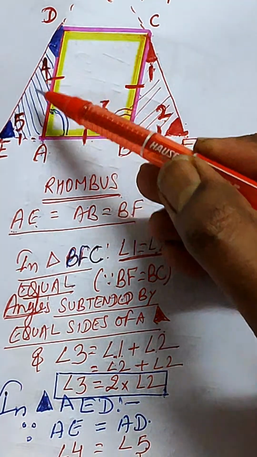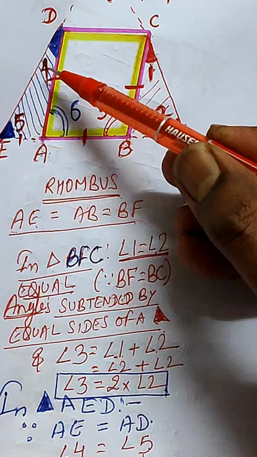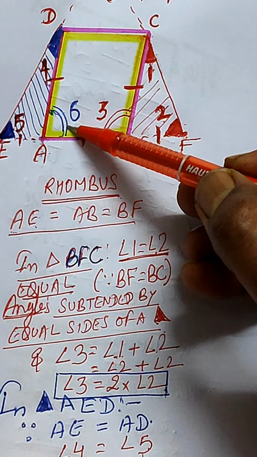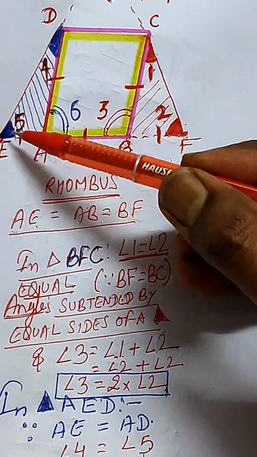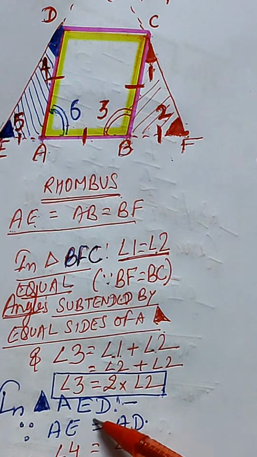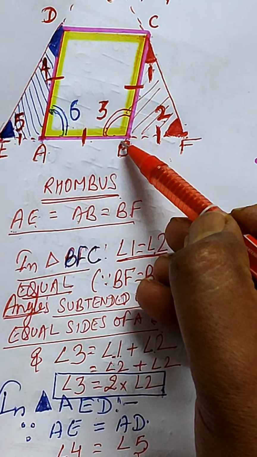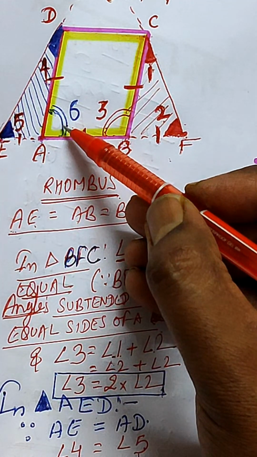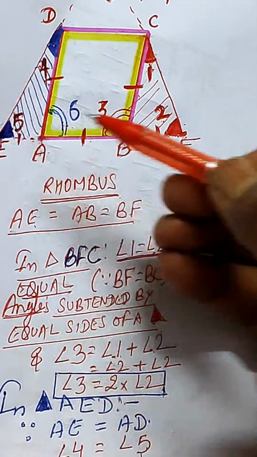Since angle 4 equal to angle 5, we can write angle 6 as equal to angle 4 plus angle 5. How? Because this is the exterior angle which is the sum of interior opposite angles, right? This is the triangle AED, and if this is extended over here towards B, then this angle 6 is formed, and this is the exterior angle, and this is the sum of interior opposite angles 4 and 5.